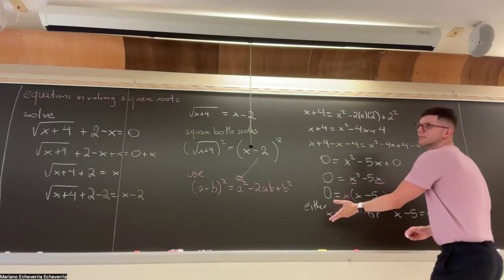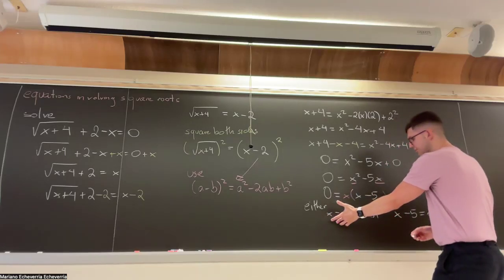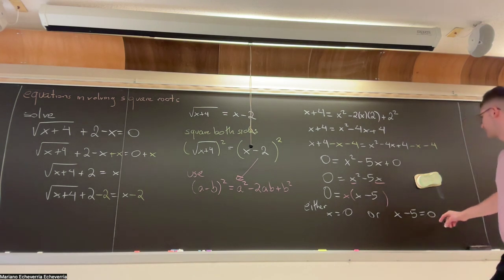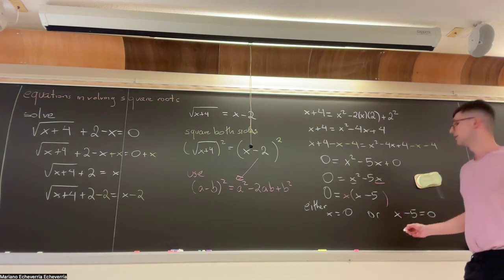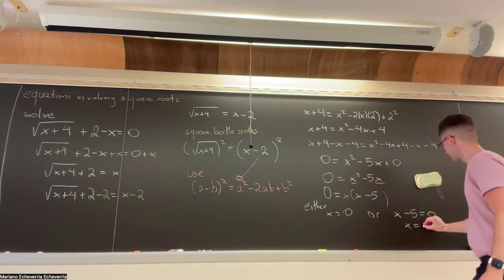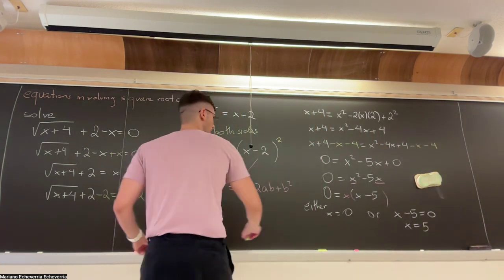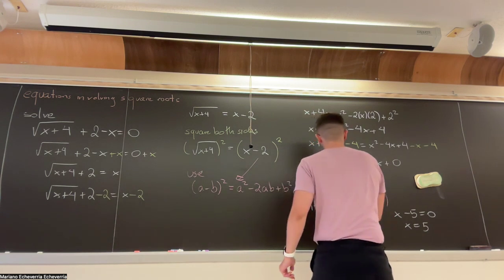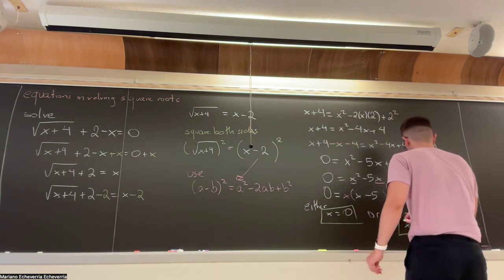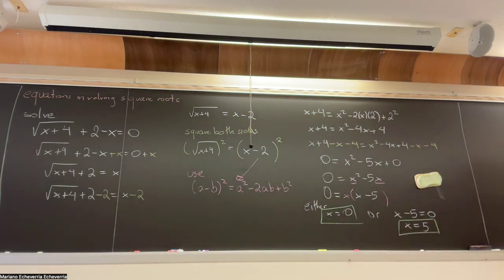Okay, this one is already done for you, but if x minus 5 equals 0, that means that x has to be 5. Okay. So the two options that we get are that x could be 0 or x could be 5.